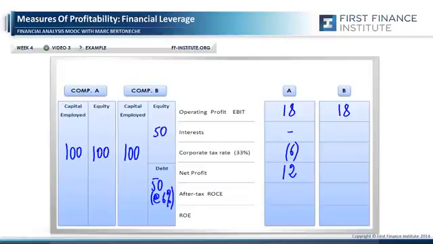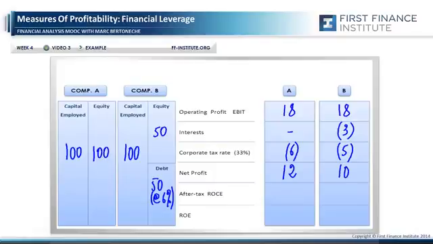Company B: 6% of 30 turns out to be 3 of interest. So 18 minus 3 is 15. You pay 33% on 15, which is 5. And therefore, the net profit is 10.